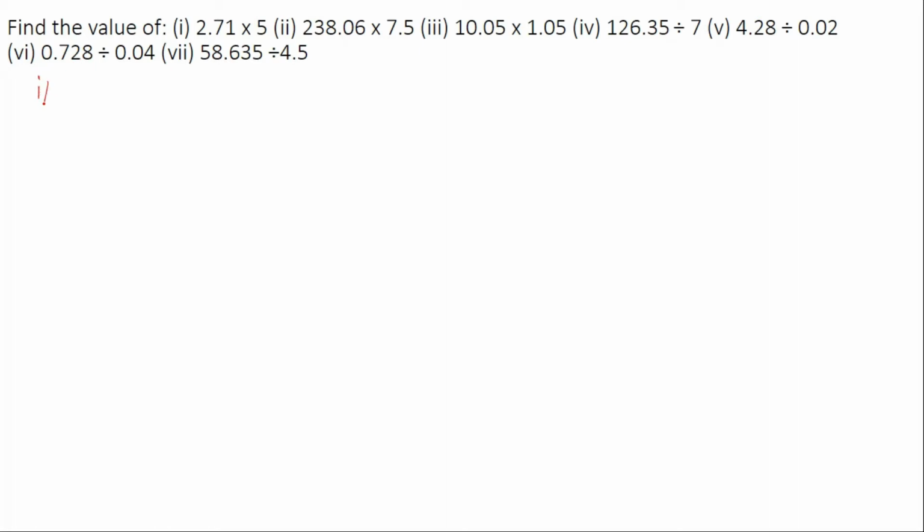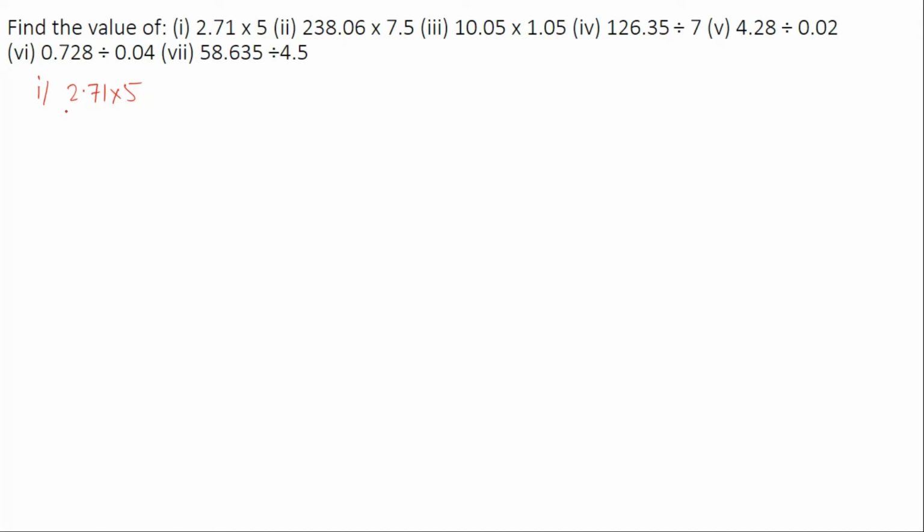Number 1 is we have to multiply 2.71 into 5. The better way to multiply all these numbers is to forget the decimal first, simply multiply it. After that, count the digits and place the decimal.